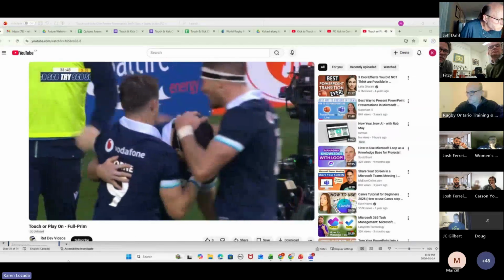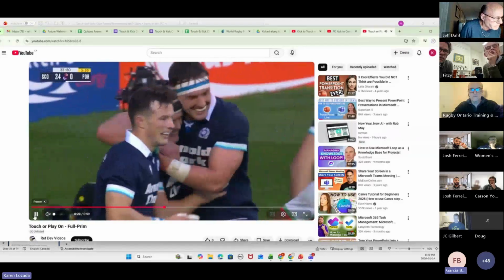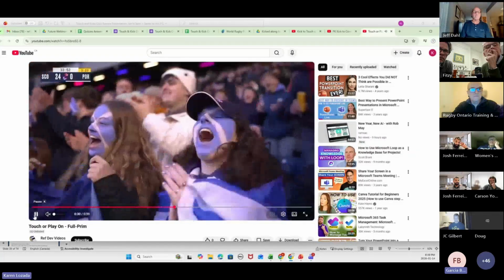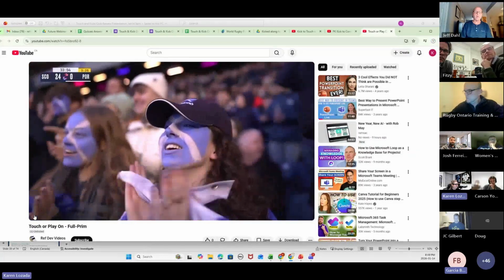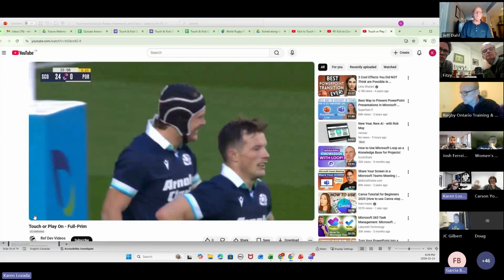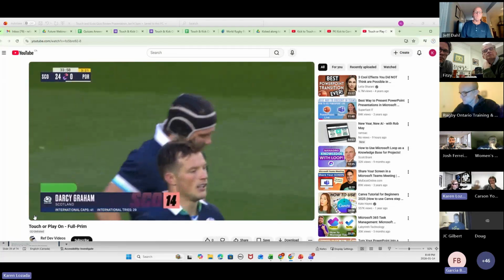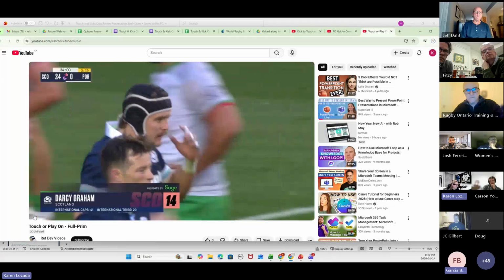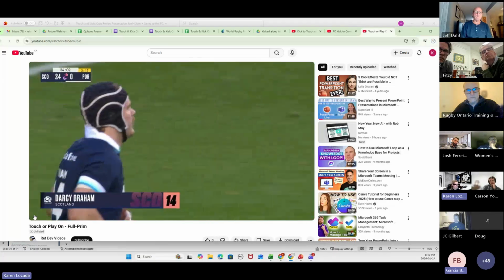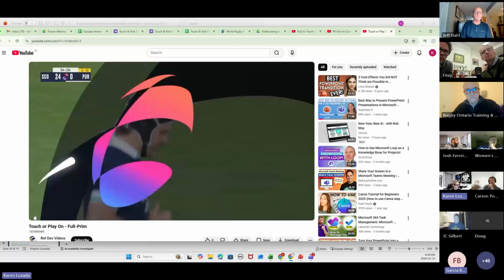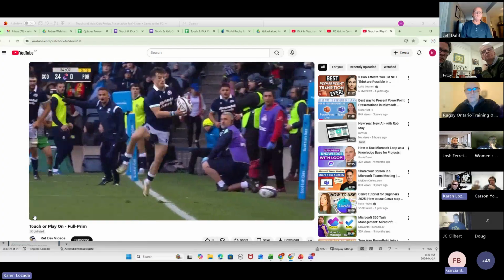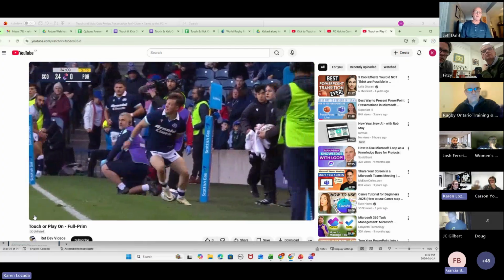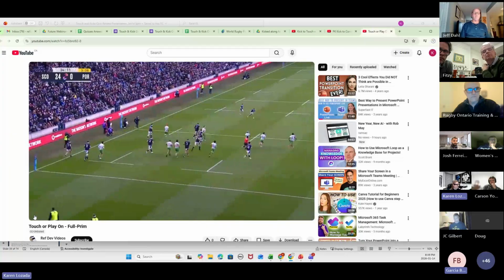So from my point of view, when I review this video, what I understood is that he's following the same rule that we were speaking about, the 18.2, because the player jumps from inside the playing field, catches the ball, and sends the ball outside, inside the field.